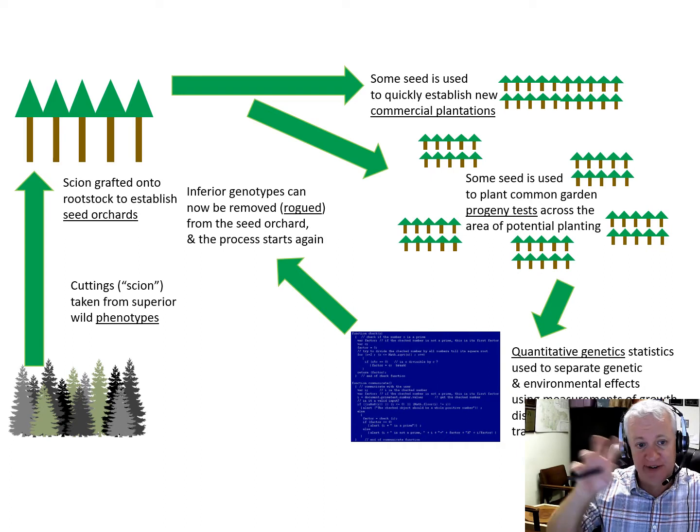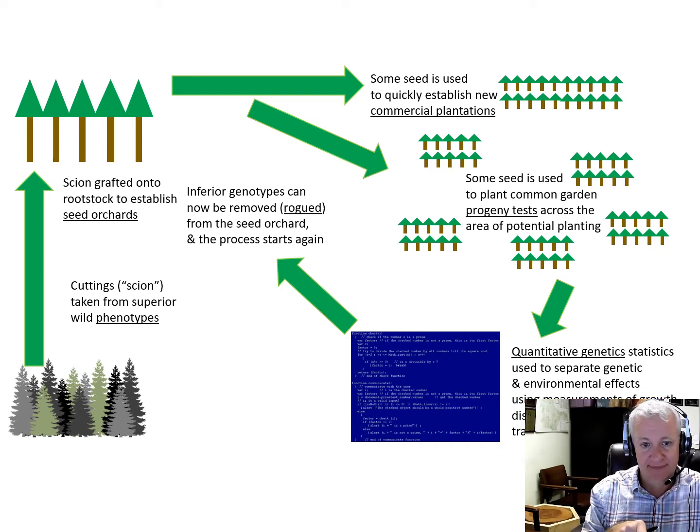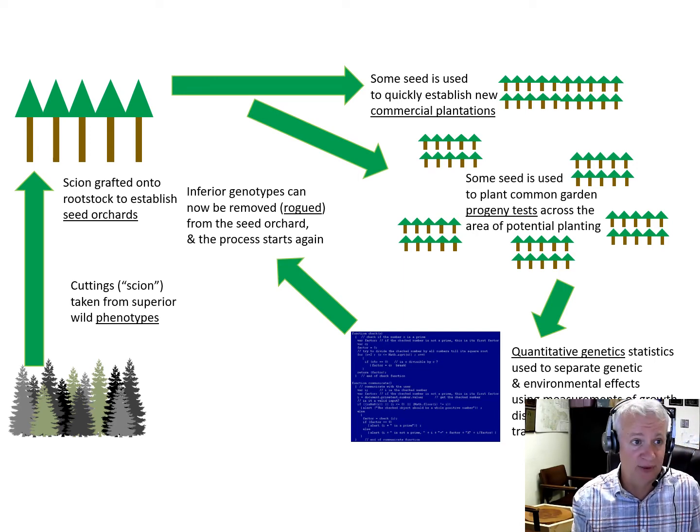The first generation of improvement in, for instance, loblolly pine took around 25 years. And if you think about it, you can think about biologically why this takes a while.